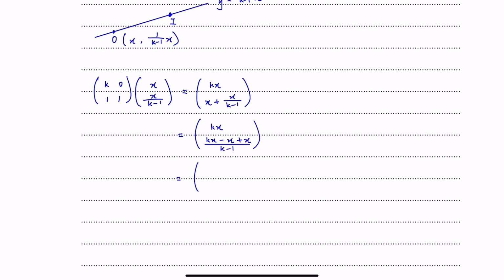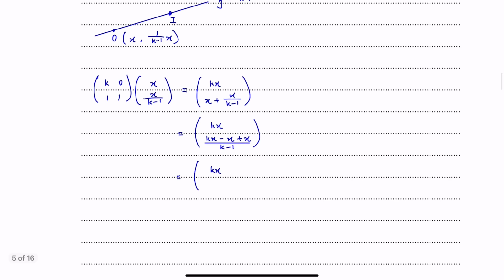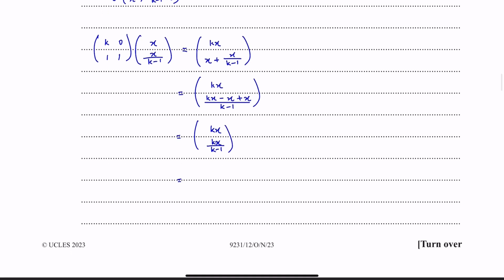And this is kx and kx over k minus 1. And we can factorize the k out to get x and x over k minus 1.